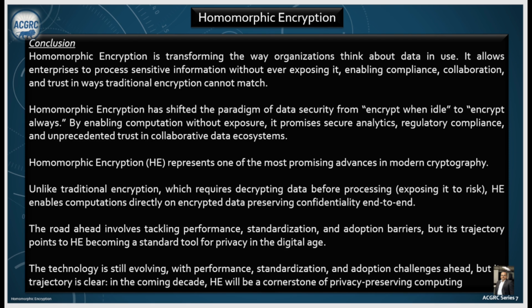Homomorphic encryption has shifted the paradigm of data security from encrypt when idle to encrypt always. By enabling computation without exposure, it promises secure analytics, regulatory compliance, and unprecedented trust in collaborative data ecosystems.